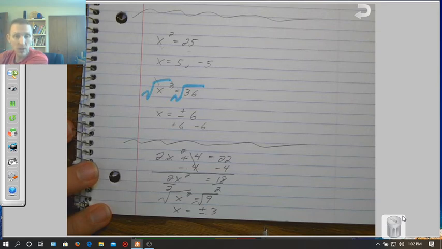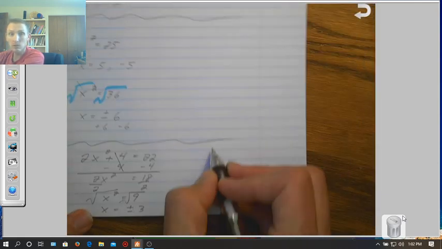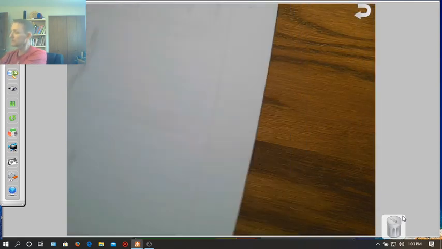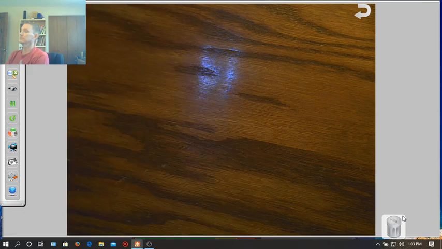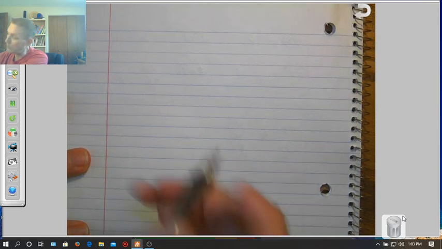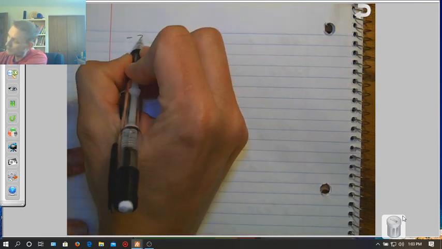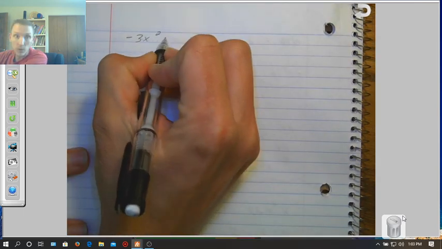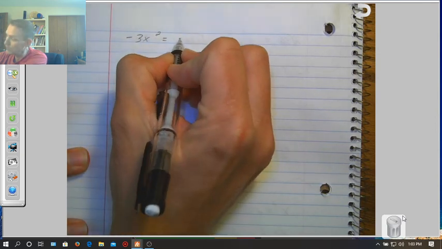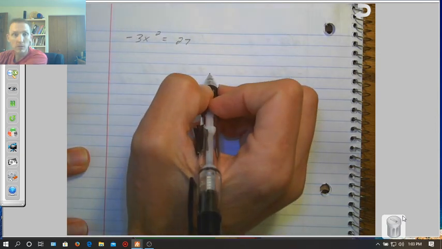One last scenario in this section will be an equation that looks like this. The final situation could be a problem like negative 3x squared equals 27.